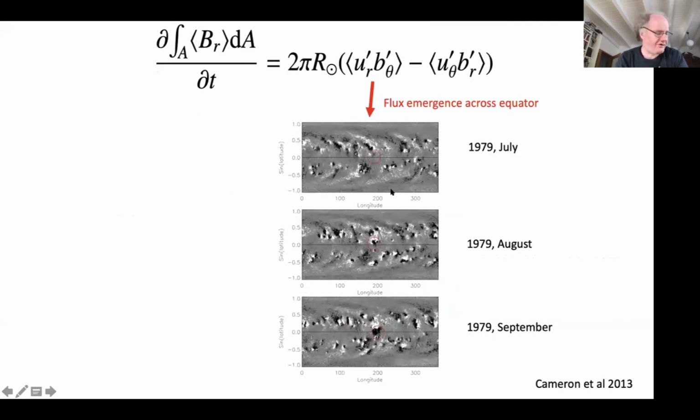There's another contribution, which is coming from emergences not near the poles, but actually across the equator. Here we see an example in the red circle, in July, August, September. These are separated by 27 days.